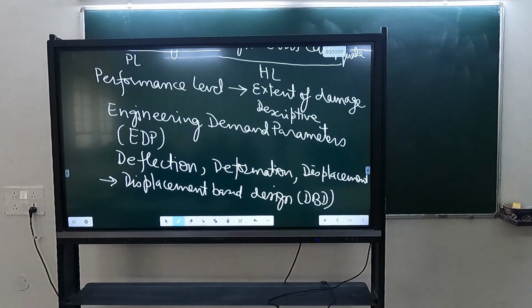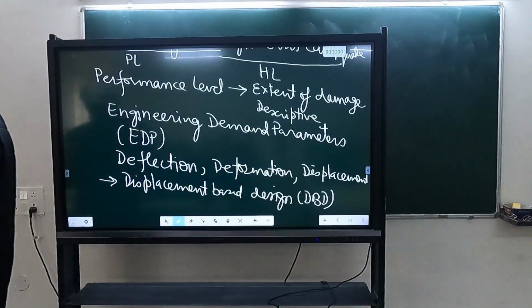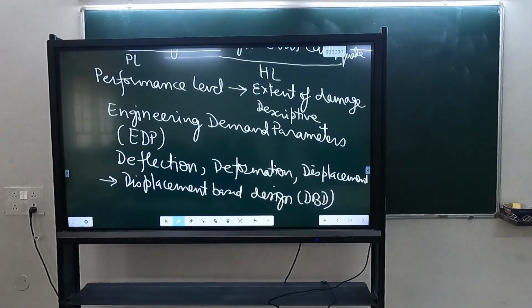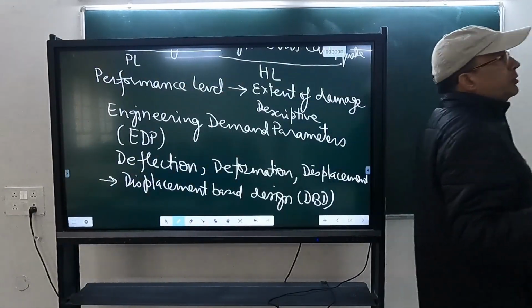But the damage cannot be quantified by the force. Why can it not be quantified by the force? Because any member cannot take force larger than its yield capacity. Okay, more than its yield capacity, the force it cannot take. So if you apply a force larger than its yield capacity, what is going to happen? It will fail. The displacement will go on increasing, but the force is not going to increase.